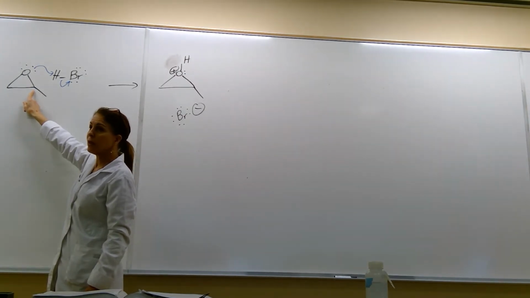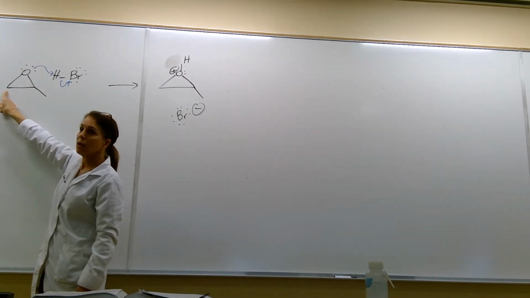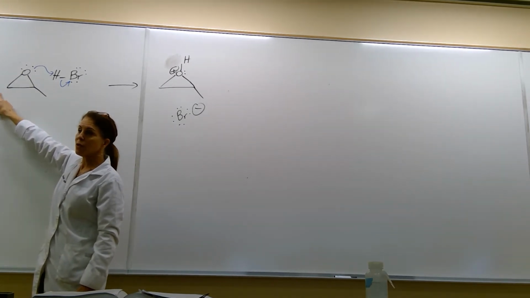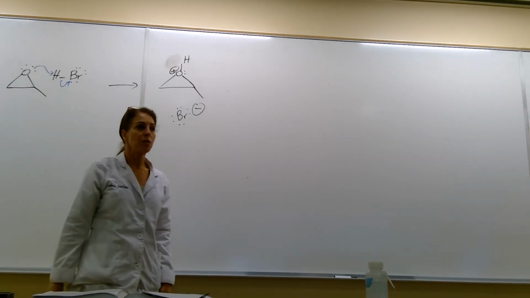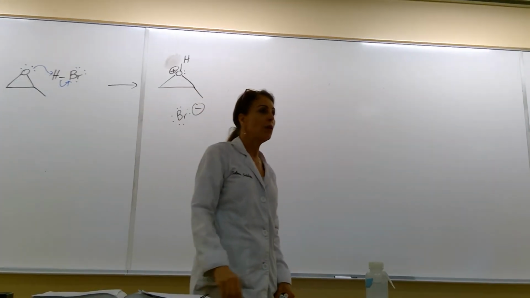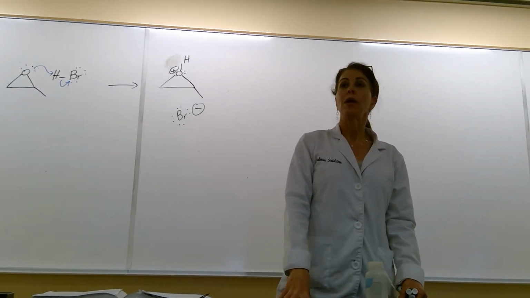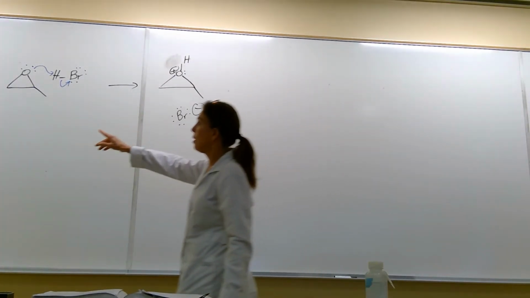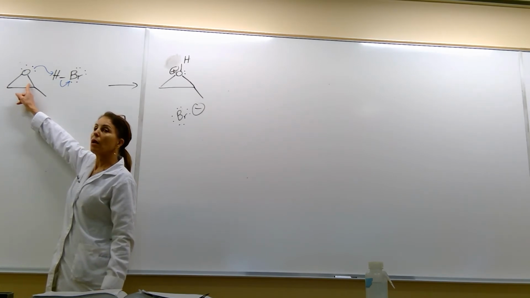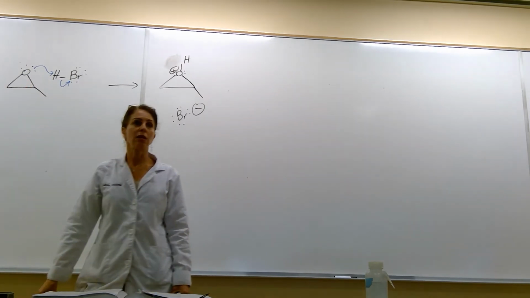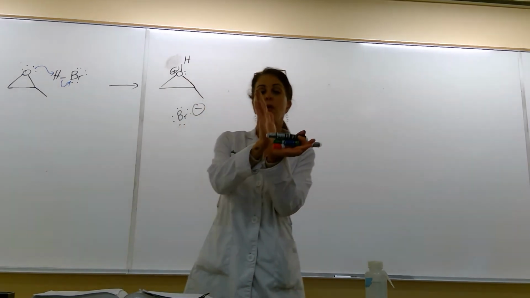This is an SP3. How about this one? What's missing on the structure here? 2 hydrogens. It's also SP3. What should be the angle for SP3? 109. What is the angle here? What's this angle? 60. Is that good? It's supposed to be 109.